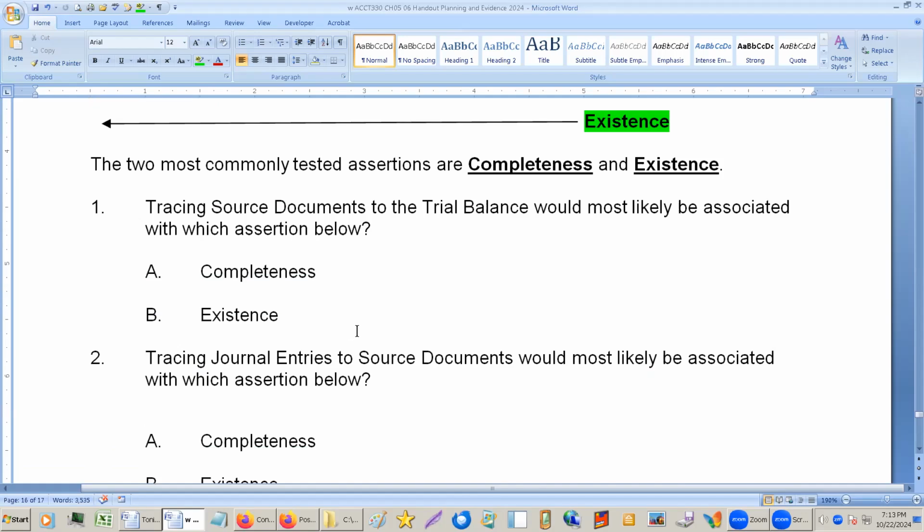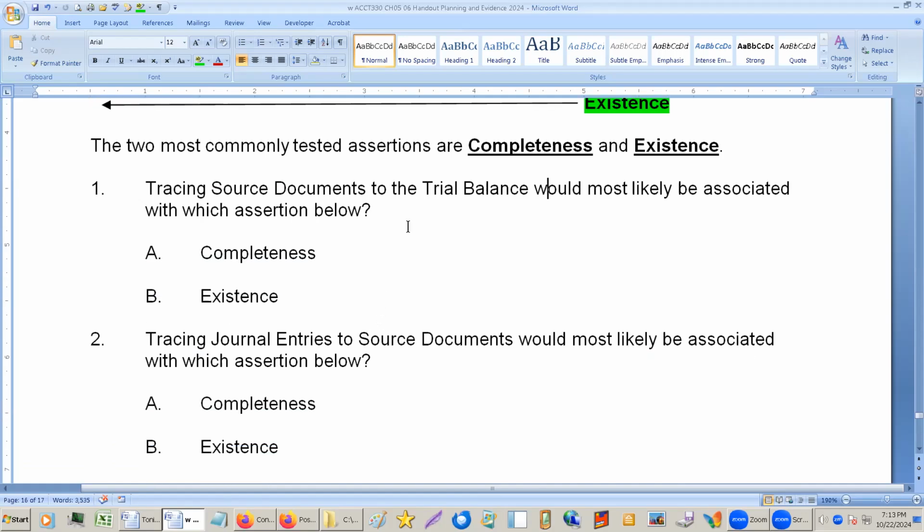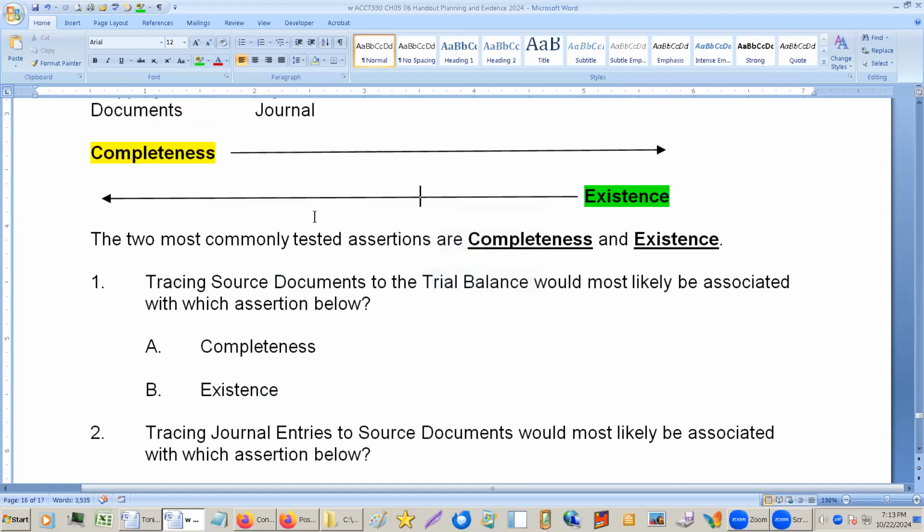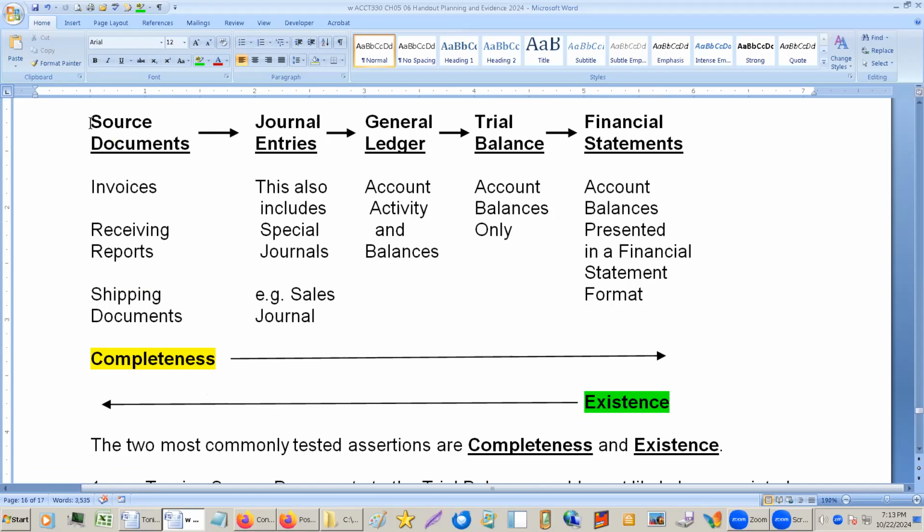So here are the questions. Tracing source documents to the trial balance would most likely be associated with which type of assertion below? So source documents to the trial balance. What kind of testing are we doing?